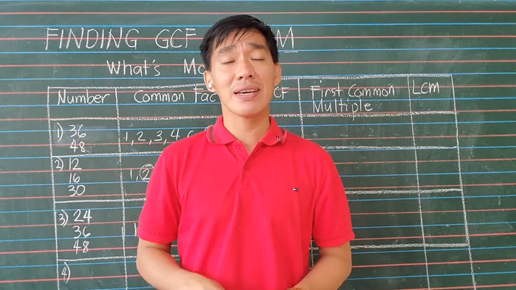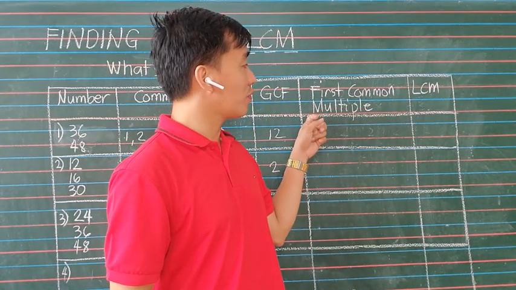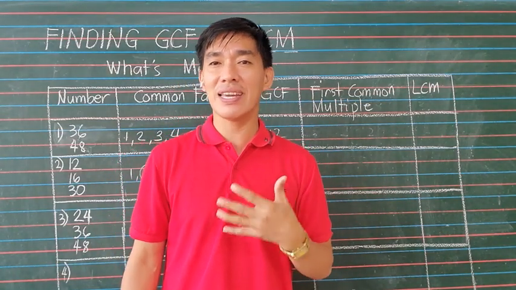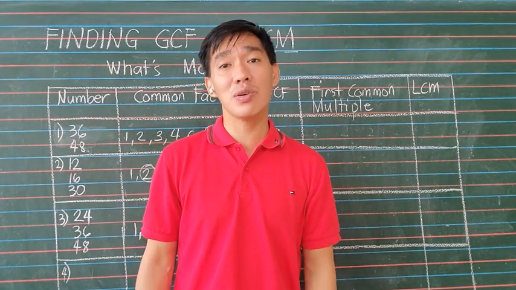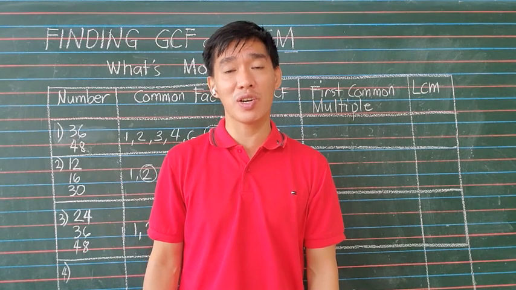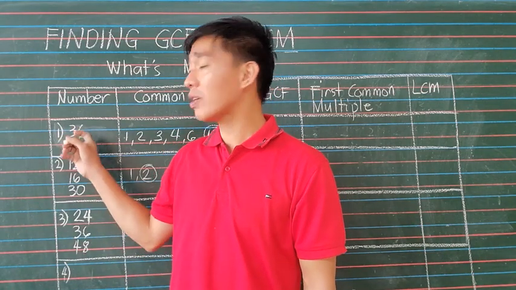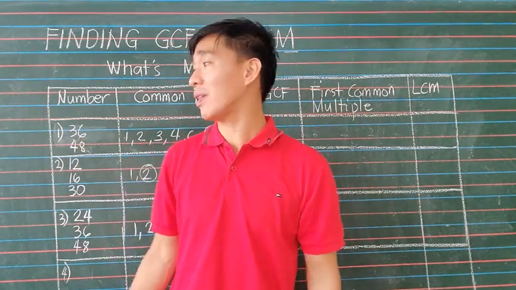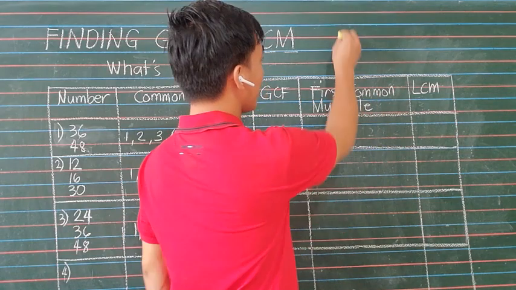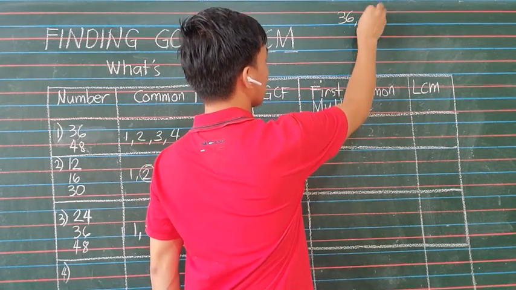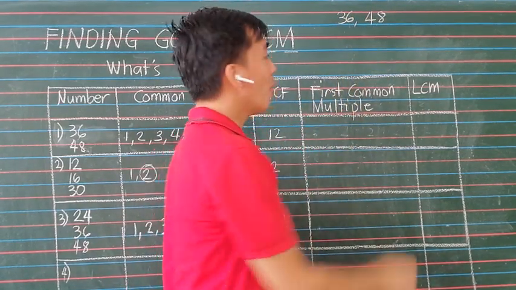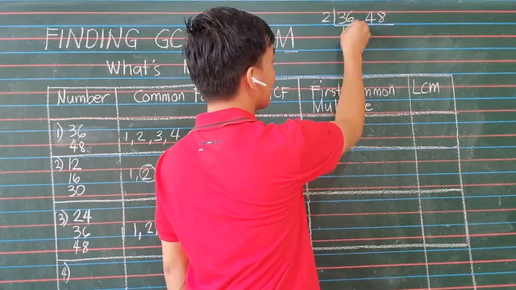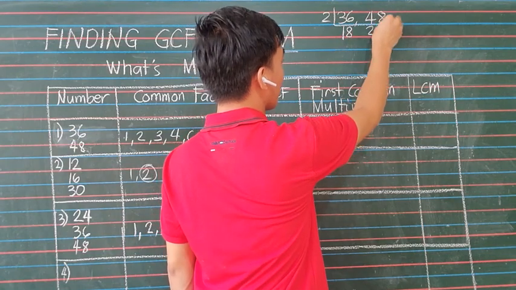Because we are only asked to look for their first common multiple, I think it is okay to use continuous division or prime factorization in looking for their LCM, which is also the first common multiple. So for 36 and 48, both numbers are divisible by 2, so that will give us 18 and 24.